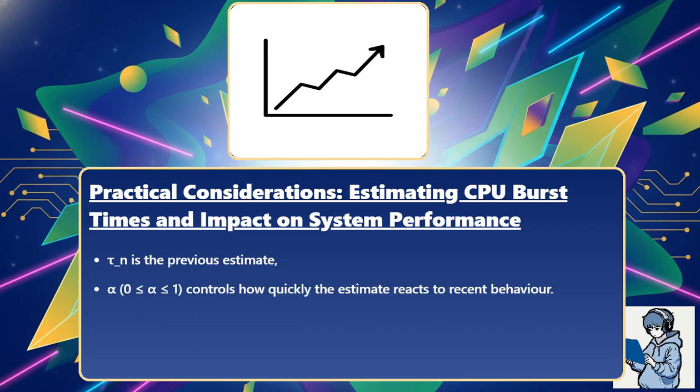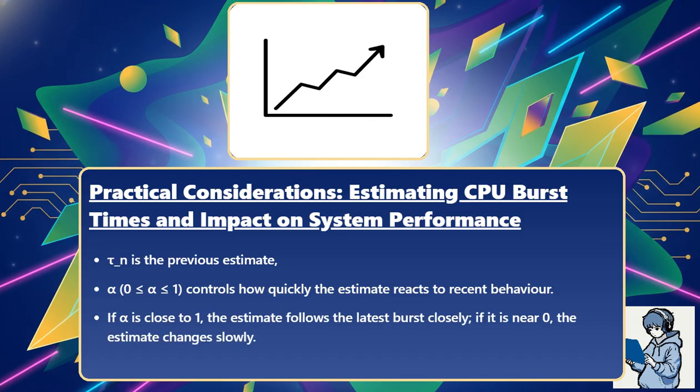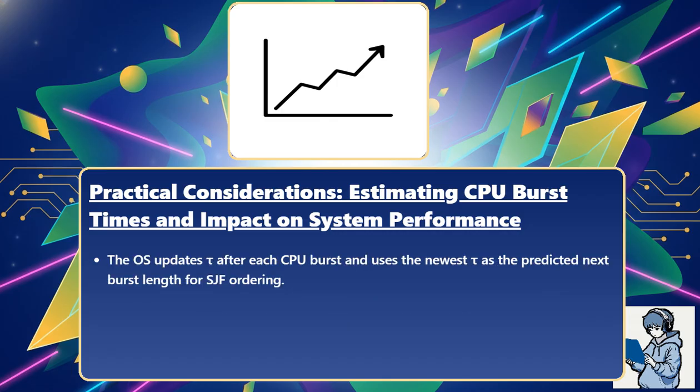Alpha, with 0 less than or equal to alpha less than or equal to 1, controls how quickly the estimate reacts to recent behavior. If alpha is close to 1, the estimate follows the latest burst closely. If it is near 0, the estimate changes slowly. The OS updates tau after each CPU burst and uses the newest tau as the predicted next burst length for SJF ordering.